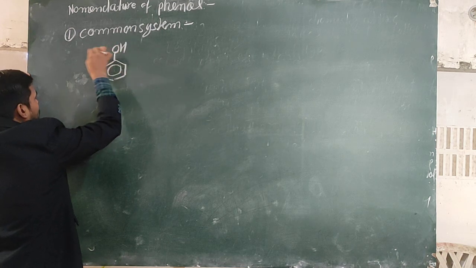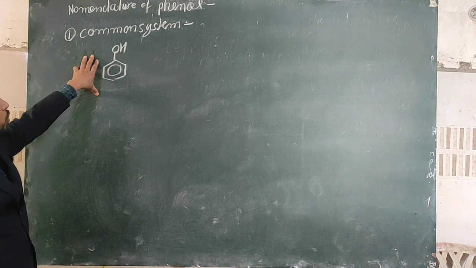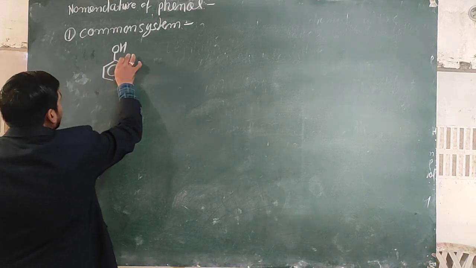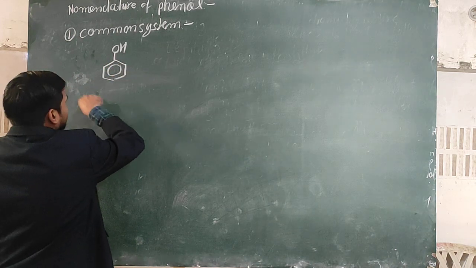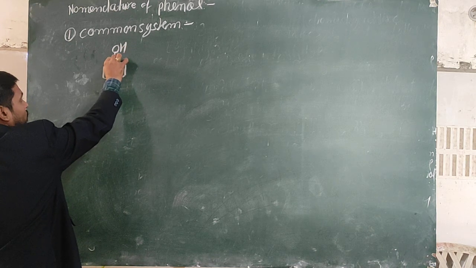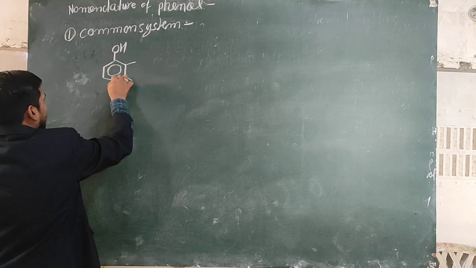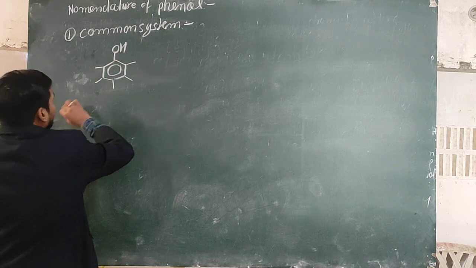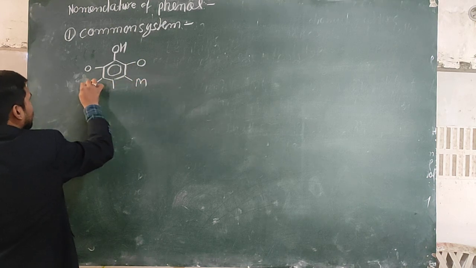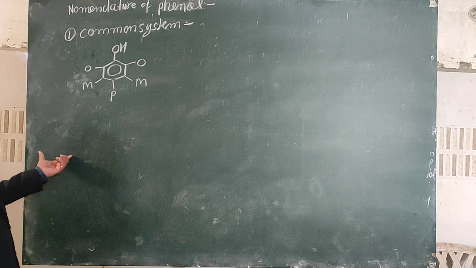like if any phenol contains one OH group, then it is known as monohydric phenol. Where the OH group is attached is known as the ipso position. You also know that according to the ipso position in phenol, 2 ortho, 2 meta and 1 para positions are possible.